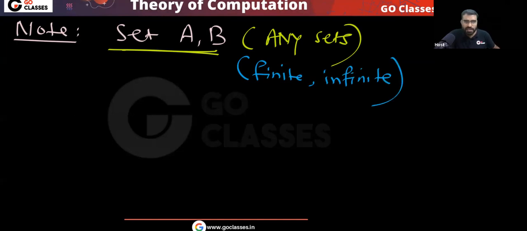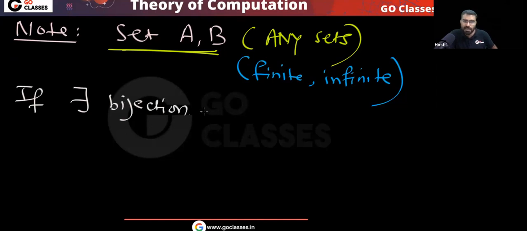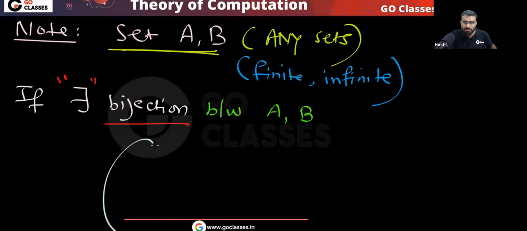Now, if I can create a bijection between them, simple question I'm asking: do you agree they will have the same size? If there exists a bijection from A to B, what does that mean?